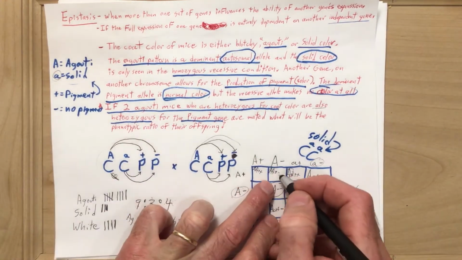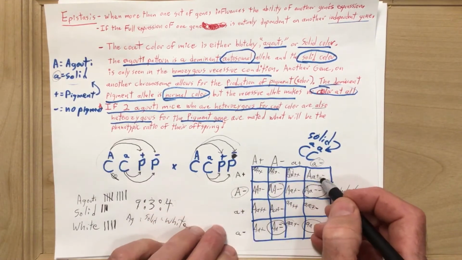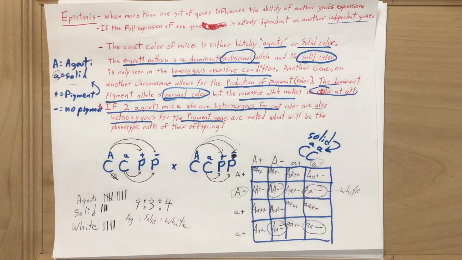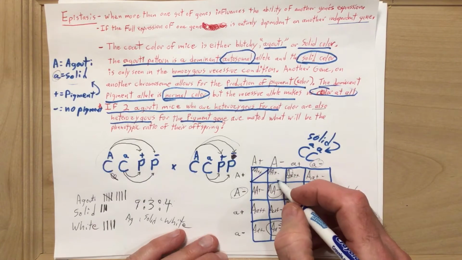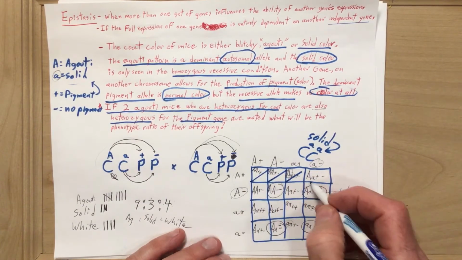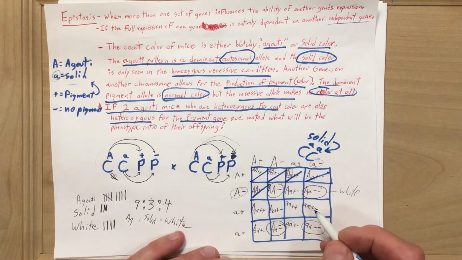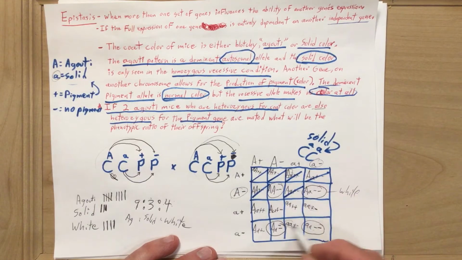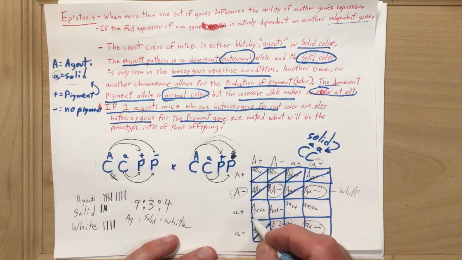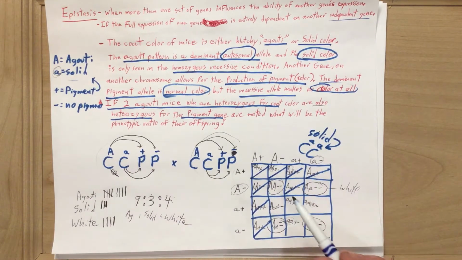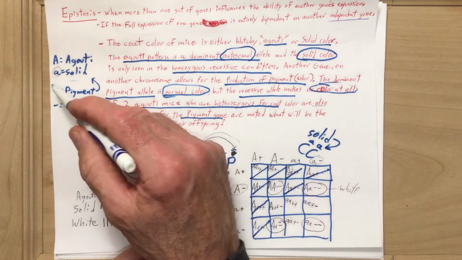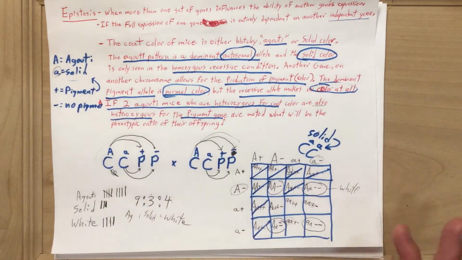All right, big A, yes, big A, yes, big A, yes, big A, yes. So I'm going to mark these. Yes, agouti, agouti, agouti, agouti, agouti, agouti, agouti, and agouti. All of those animals have the big A for agouti skin, and they can make pigment too because they have a plus, right? They can make pigment, and so that's an agouti mouse.